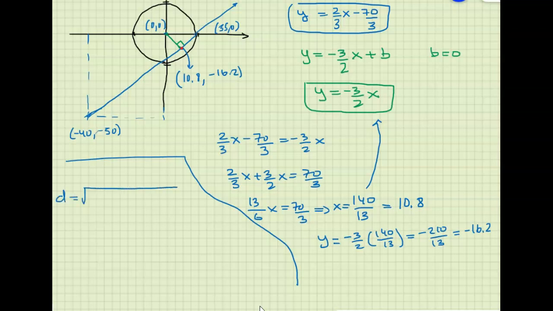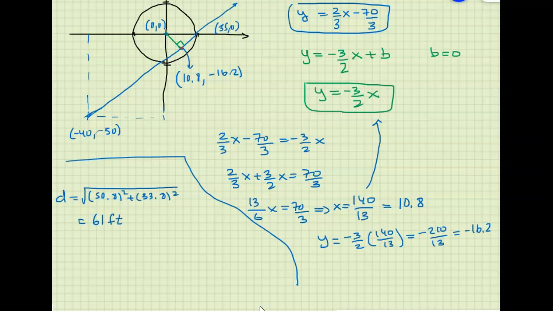The distance is -40 minus 10.8, so it's 50.8 squared, and then we subtract the y values: 50 minus 16.2 gives me 33.8 squared. So 50.8 squared plus 33.8 squared.